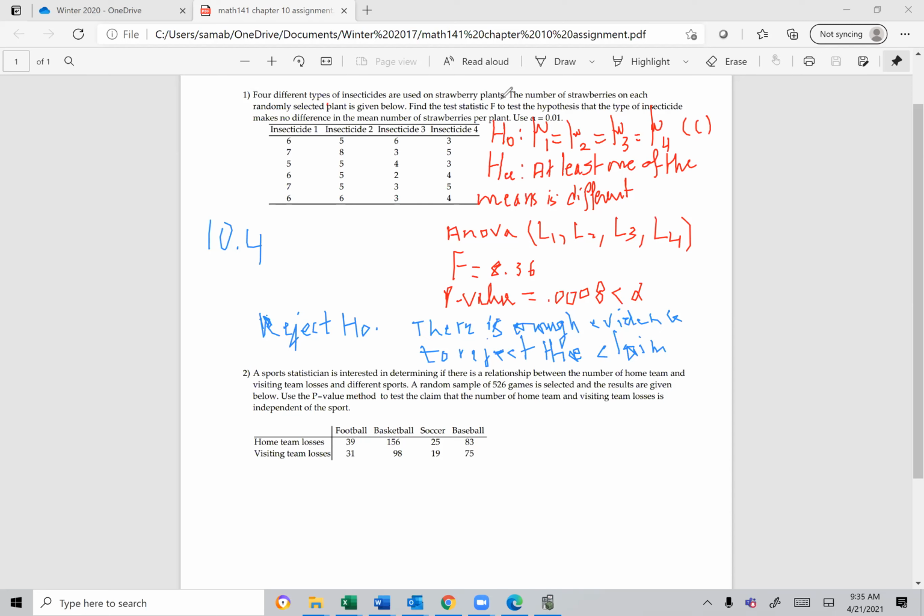If it gives you 5 sets, you go to 5. And then you're going to put HA, at least one of the means is different from the others. Then you're going to run ANOVA. You're going to get F, you're going to get p-value. If the p-value is less than alpha, you're going to reject HO. And if the p-value is more than alpha, you're going to fail to reject HO and then write your conclusion.